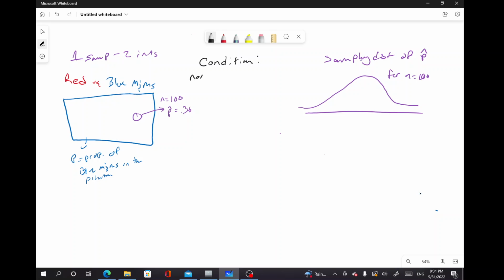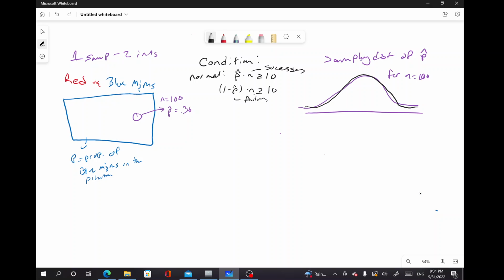So first, we're going to call the normal condition to make sure this curve is normal, as the name suggests. So we want to say that p hat times n is greater than or equal to 10, and 1 minus p hat times n is greater than or equal to 10. This is essentially saying that the successes and the failures are greater than or equal to 10.